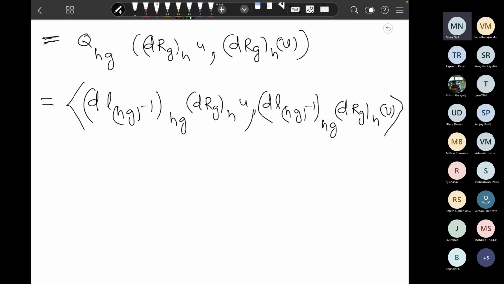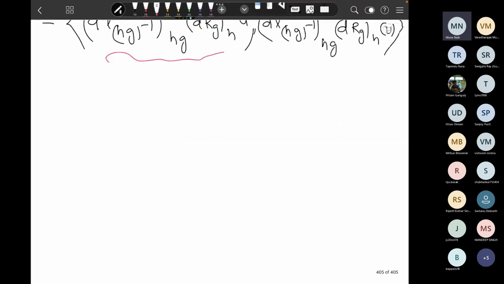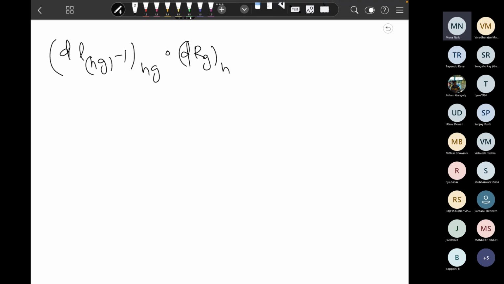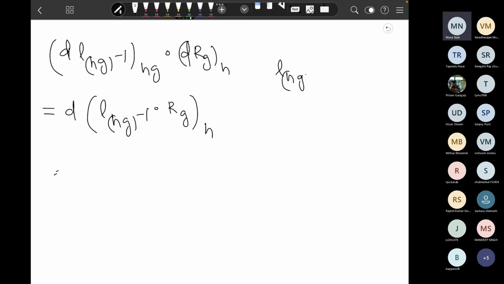Let us calculate this in the next page. It's D L_{(HG)^{-1}} at HG composed with D R_G at H. So this is the same as D of L_{(HG)^{-1}} composed with R_G at H. Now what is L_{(HG)^{-1}} composed with R_G of, say, M?